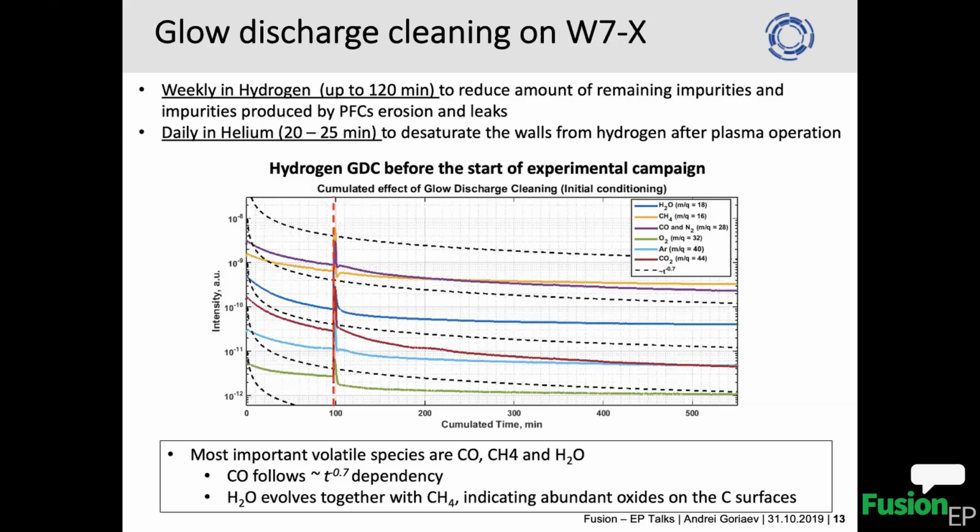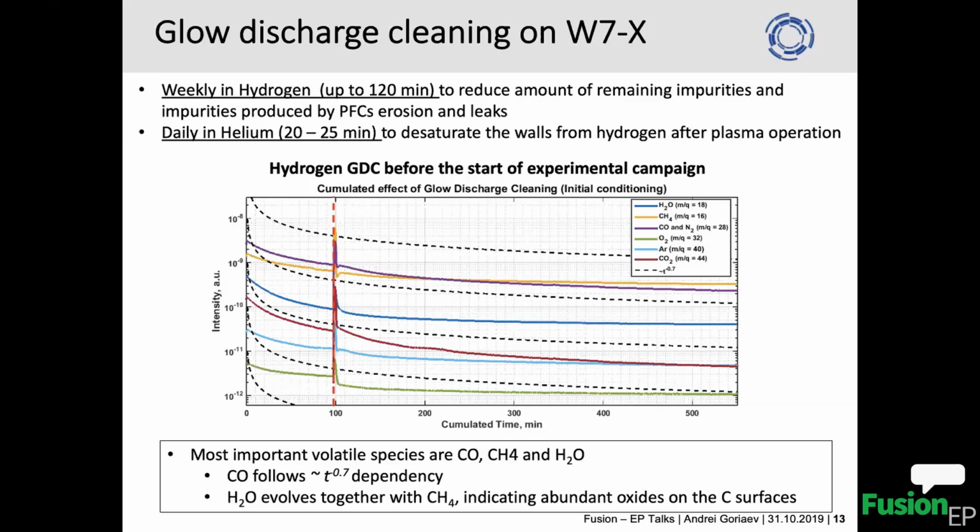So usually after baking we apply long glow discharge cleaning, and here you can see an example of the so-called initial wall conditioning. In the case of W7X, we baked the vessel for 11 days, and then we applied almost 10 hours of hydrogen glow discharge in order to remove the amount of impurities further.